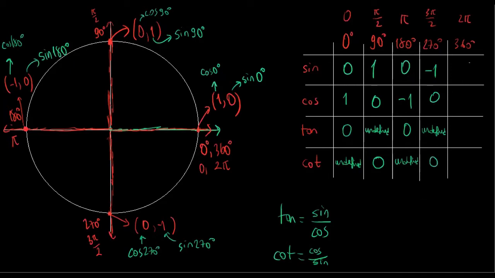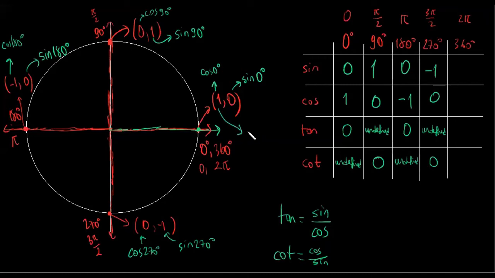And the last one, 360 degrees. This point has the same value as 0, right? So what are the coordinates? 1 comma 0 is the coordinate. So 1 is cosine of 0 and also cosine of 360.